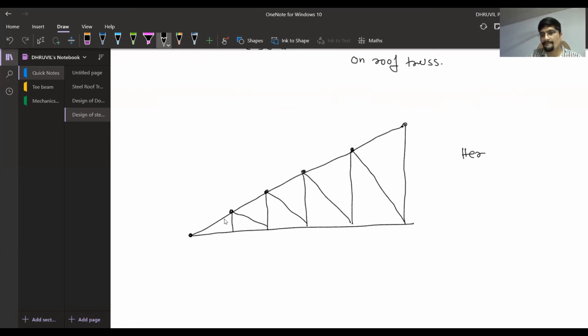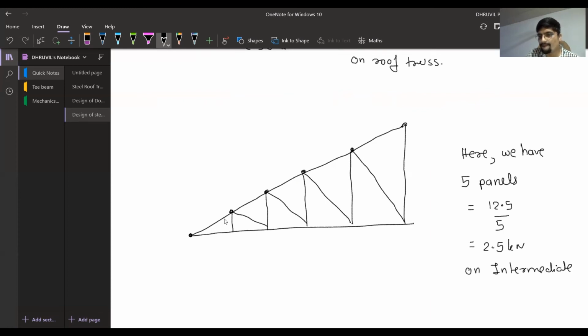So it is equal to 12.5 divided by 5, so 2.5 kilonewton on intermediate panel point, because the intermediate panel point equation is total load divided by number of panels.